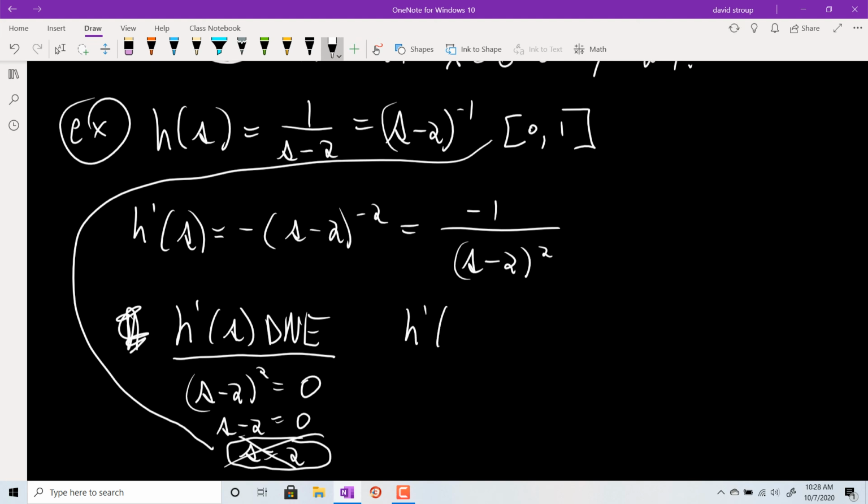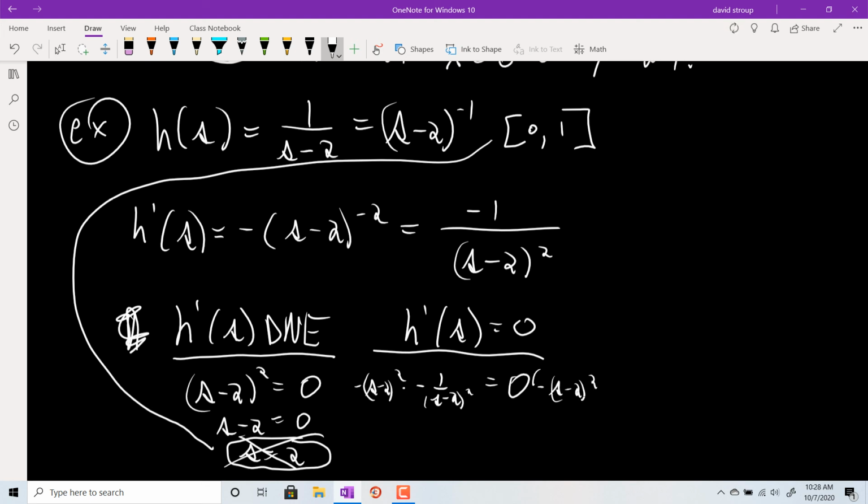And then where does h prime of s equal 0? Well, never, right? If you multiply both sides by negative (s minus 2) squared, you'll just get 1 equals 0, in other words, it never works. So the only points we have this time are just the endpoints.